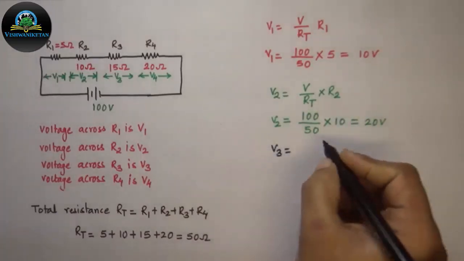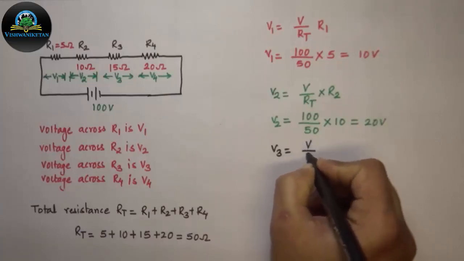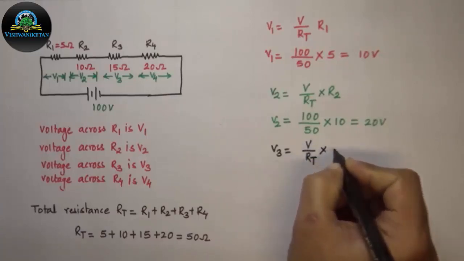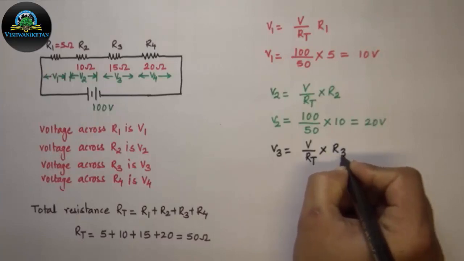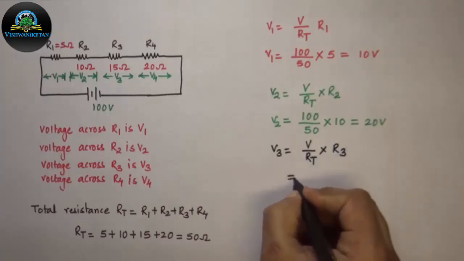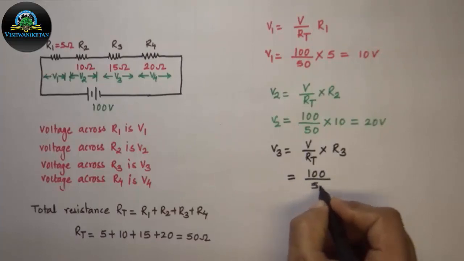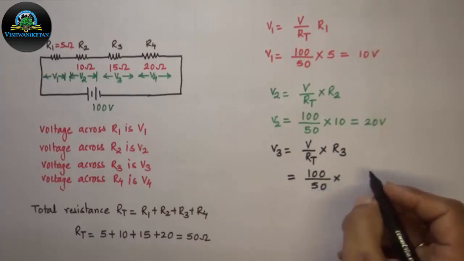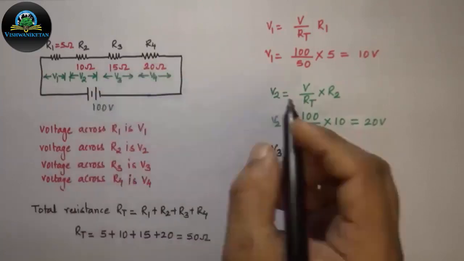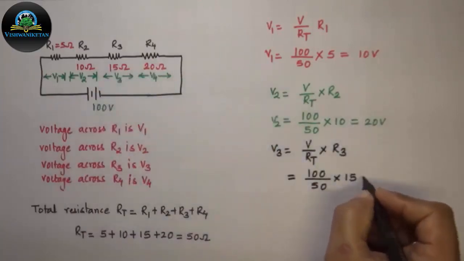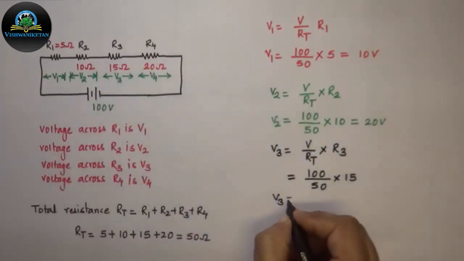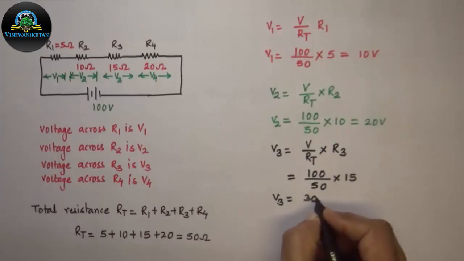Next, we will calculate V3. V3 is equal to, the first part remains same and change part will be R3. So again V is 100 volt, which is fixed. Total resistance is 50 and R3, which is known as 15 ohm. So V3 is equal to 30 volt.